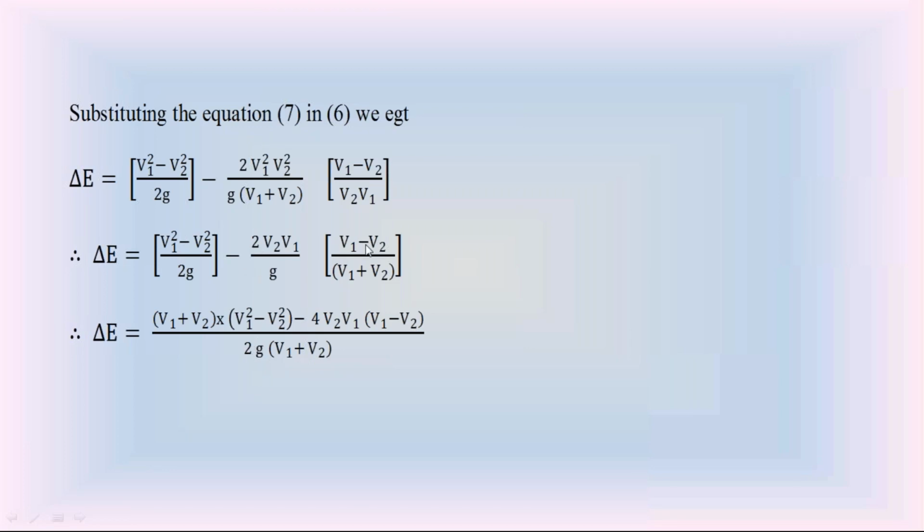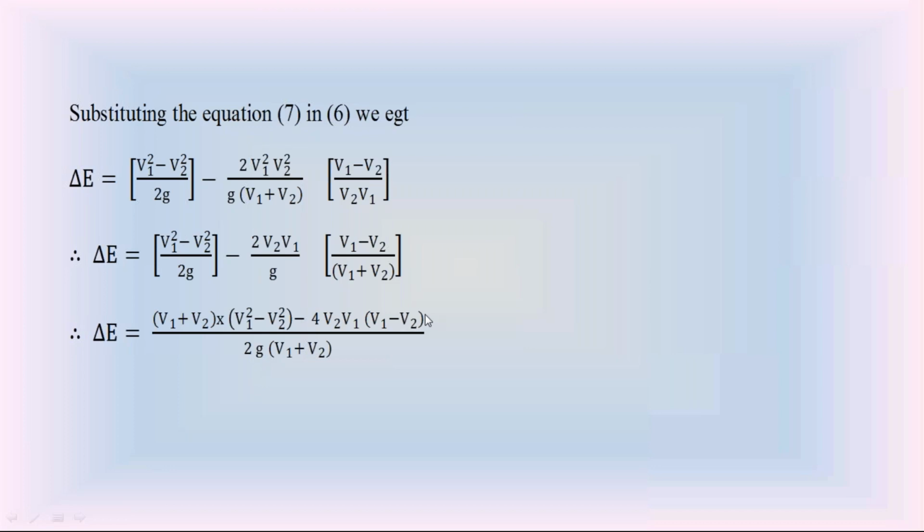So the second term becomes 2 into 2, 4, v1 v2 into v1 minus v2. So in the right hand side, this is important: the second term has z into v1 plus v2, so in the denominator of this right hand side, take 2z into v1 plus v2 as LCM.